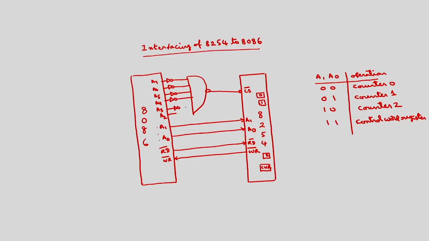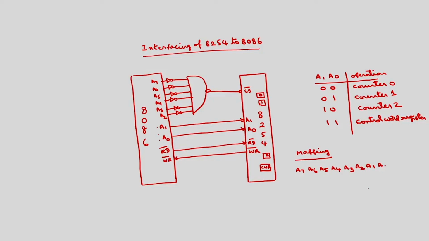Now what will be the address of counter 0, counter 1, counter 2 and control register? This is the mapping: A7, A6, A5, A4, A3, A2, A1, A0.